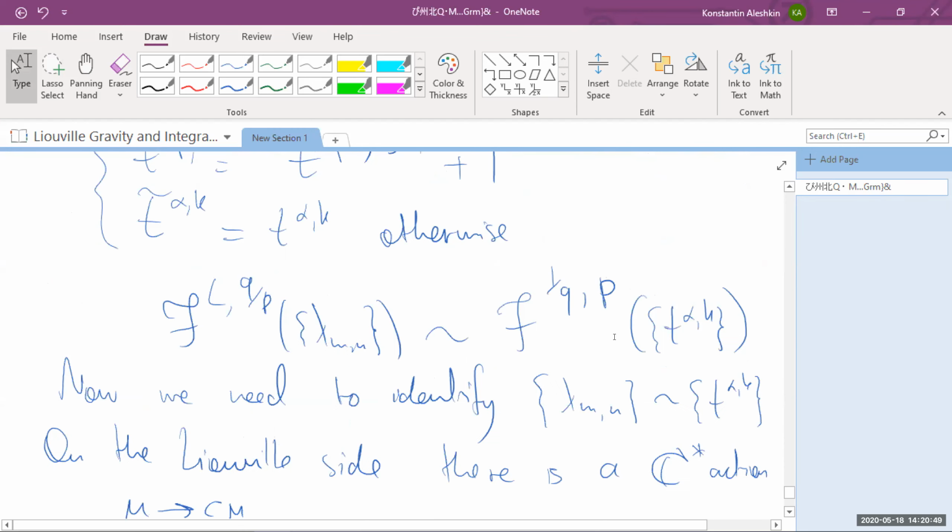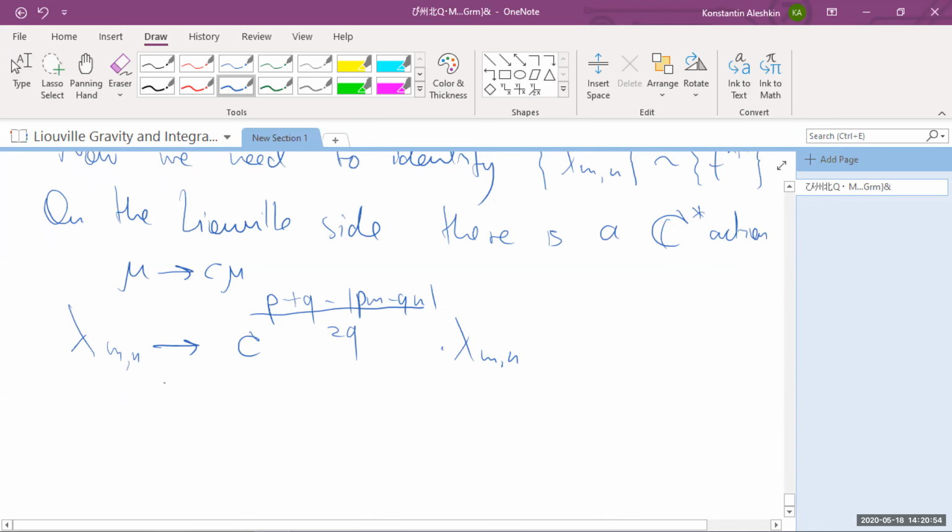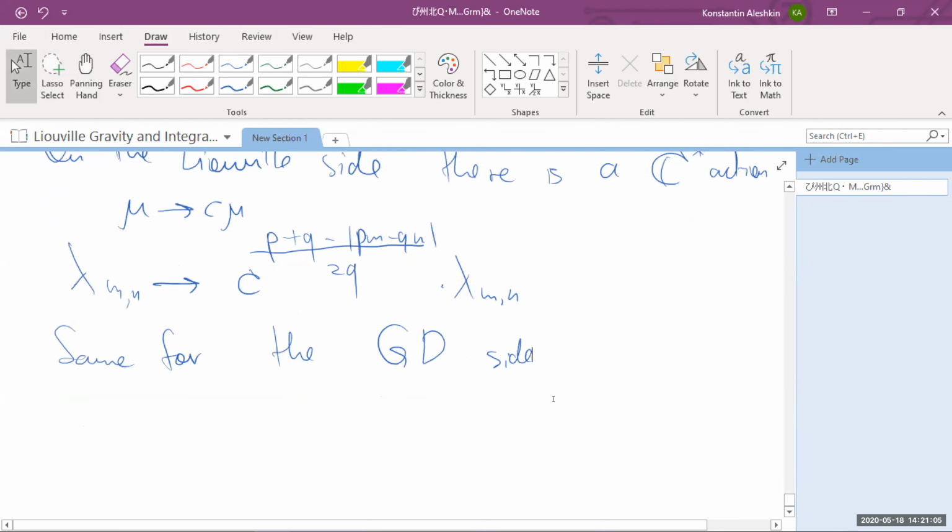And also for such solutions of the Gelfand-Dickey hierarchy, there is a natural scaling as well. Same for the Gelfand-Dickey side: t alpha k goes to C power minus alpha minus k times Q over 2Q times lambda mn. I don't have time to explain where this comes from, but it's really natural.